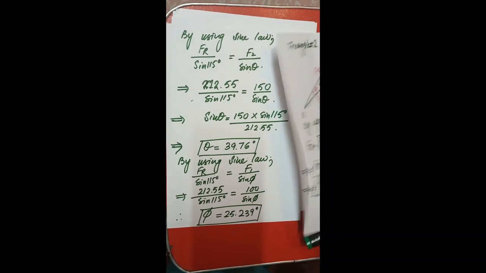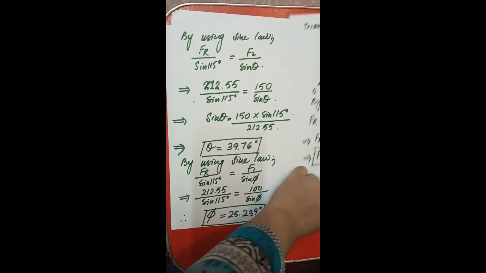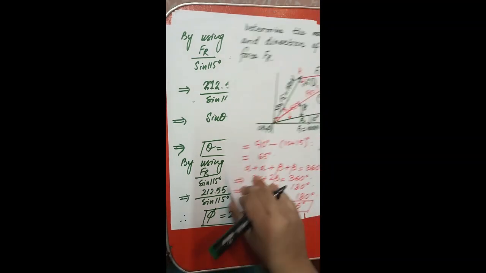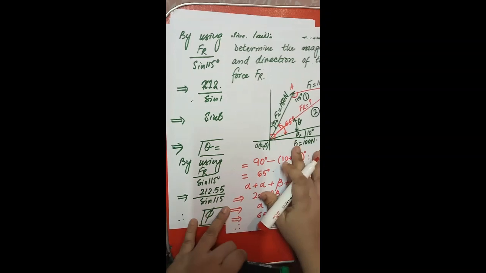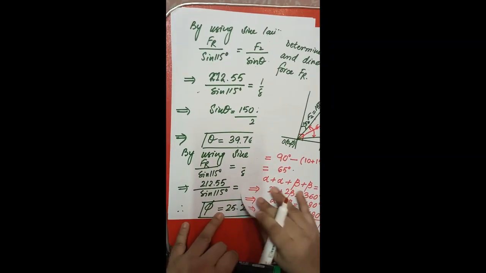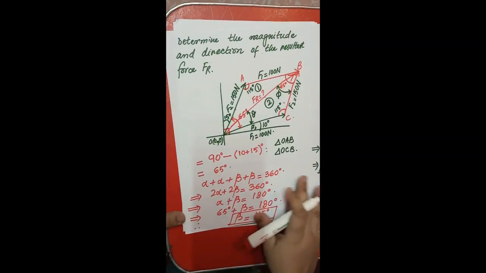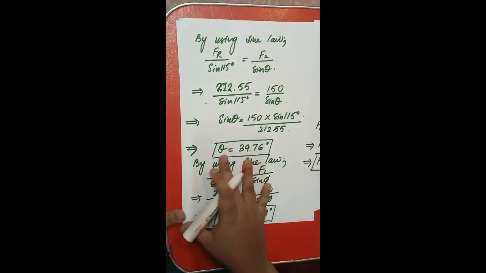Now we have found theta and phi. Can I put it in this diagram, or I can make another diagram that will be more clear to all of you.